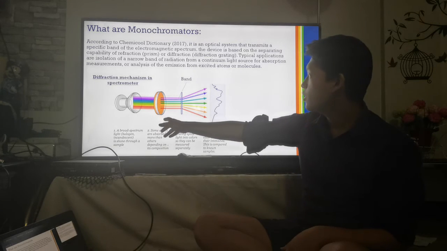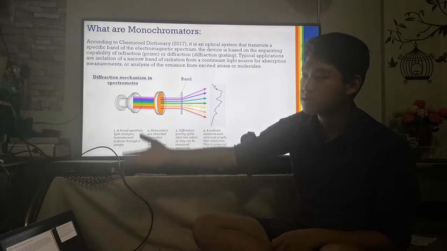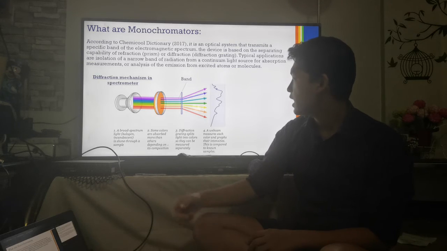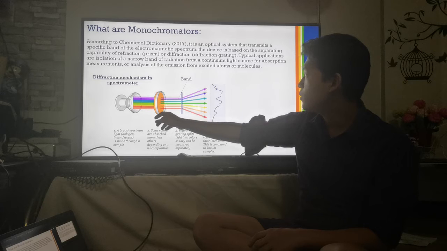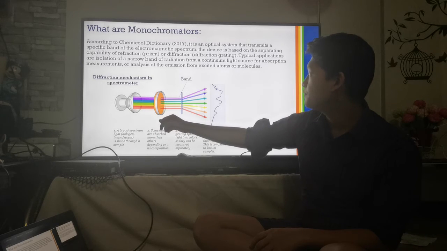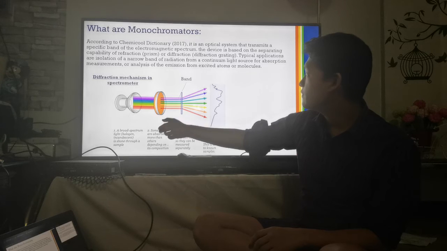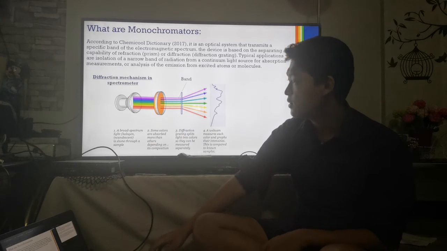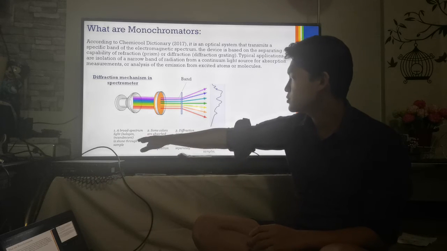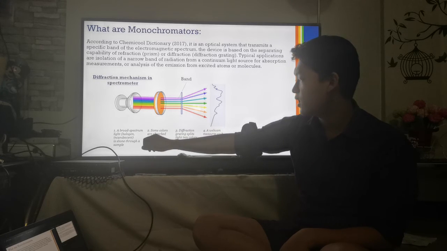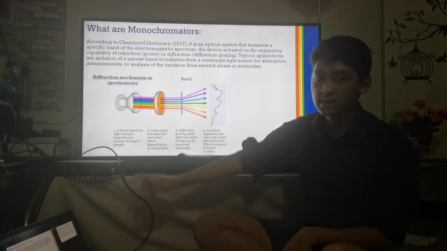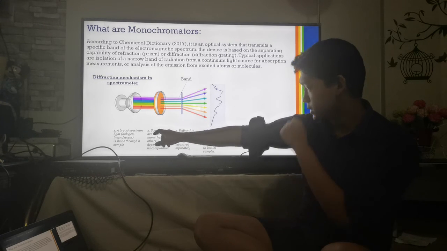So from here, we know that the use of monochromators and spectrometers is just to differentiate, to isolate specific wavelengths of reflected light. So here, the process would go: a broad spectrum of light, which can either be a halogen or incandescent light, will shine through a sample.